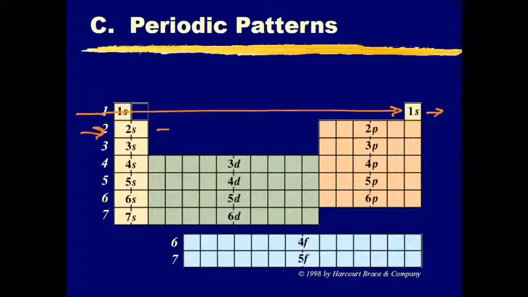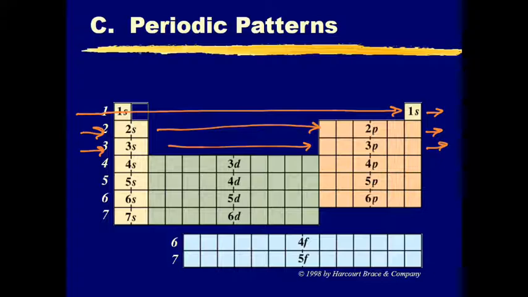Then we have 2s, 2p, 3s, 3p, 4s, 3d, 4p, starting back over, 5s, 4d, 5p, because remember for D, we subtract 1 from whatever our energy level is, which is also the period number, and you continue on from there.